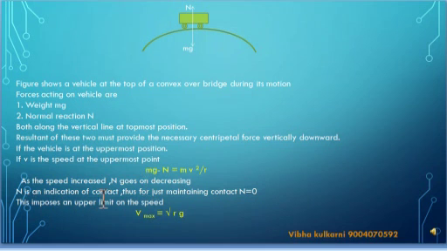So n is an indication of contact, thus for just maintaining contact, n is equal to 0. What does this give? This imposes an upper limit to the speed. The v maximum is equal to square root of rg. We have also derived v maximum in the application of uniform circular motion. So here also v max is equal to square root of rg.